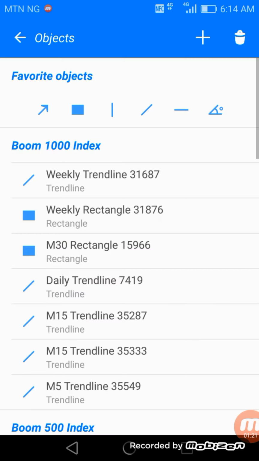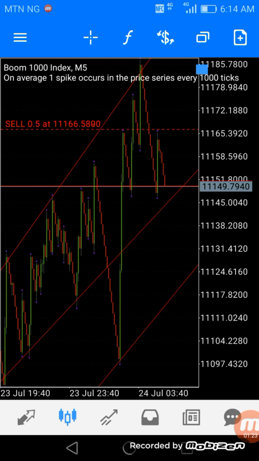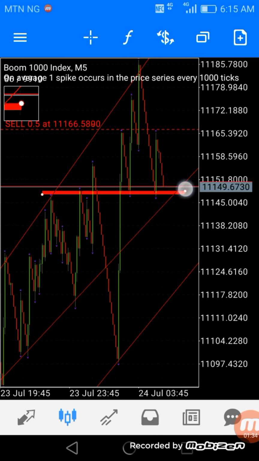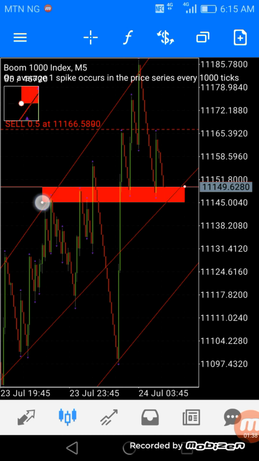Let me just put my rectangle so that you'll understand what I mean. Now this is 5 minutes time frame. The market has found, initially it was a resistance zone here, and now it's a support zone here. Okay, so we're going to close part of the trade, and then if you look above, you will also see that the market has found a resistance at our entry.